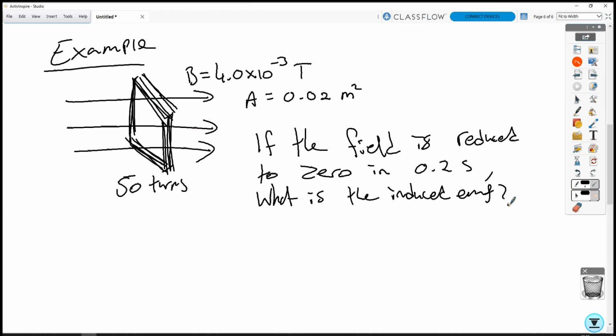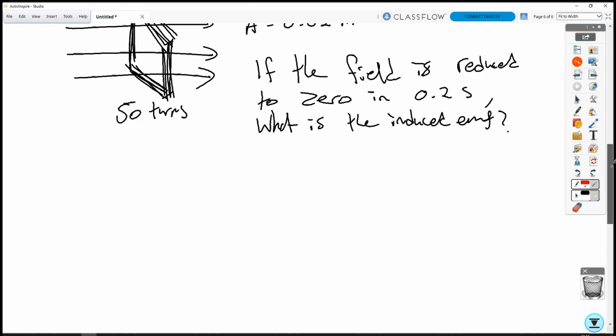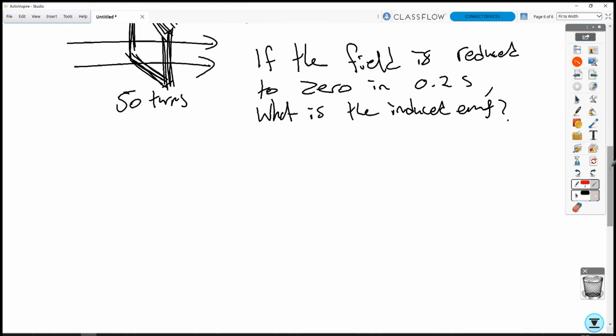So to solve this, we know, first of all, that the field starts with some value. So if it begins with some value, there is some value of flux linkage before. And then there is some value of flux linkage after, which takes 0.2 seconds to happen. So the change in flux linkage is just whatever the flux linkage was, and it drops down to 0.